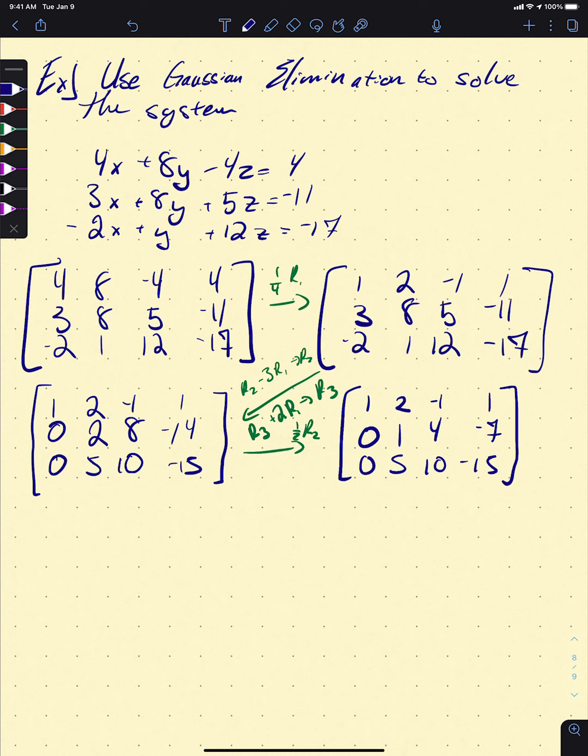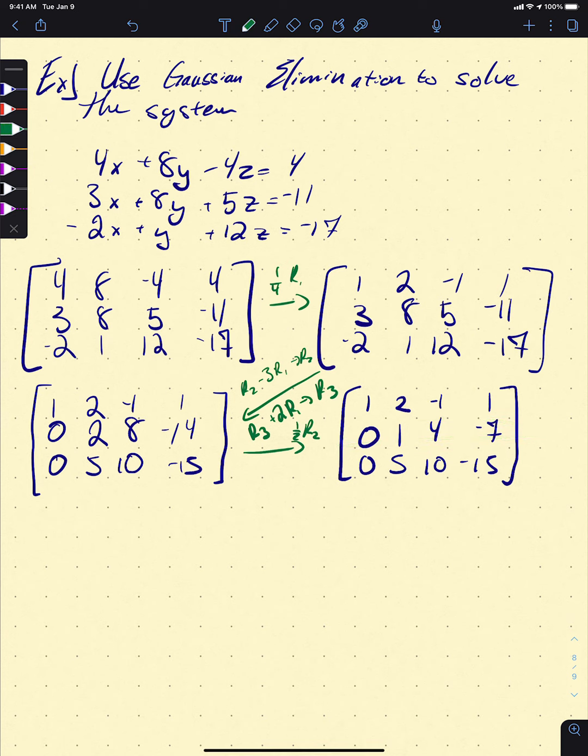Okay. So again, the next question is, well, what happens now? Well, once again, we need to make sure that the leading entry of each row is to the right of the previous one. So we need this entry to become a 0. And so what I'm going to do is use this row to clear this entry.